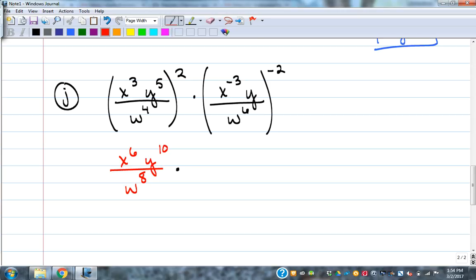What's the exponent we're multiplying by this time though? A -2. So that's going to turn it into x to the +6, y to the -2, w to the -12. Now, here's where we got to remember how to multiply fractions without a calculator, because these are all letters. You could do this in a calculator if you wanted to. So, what gets multiplied together?